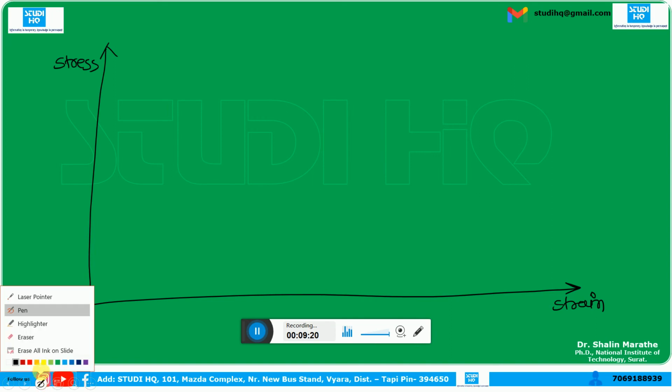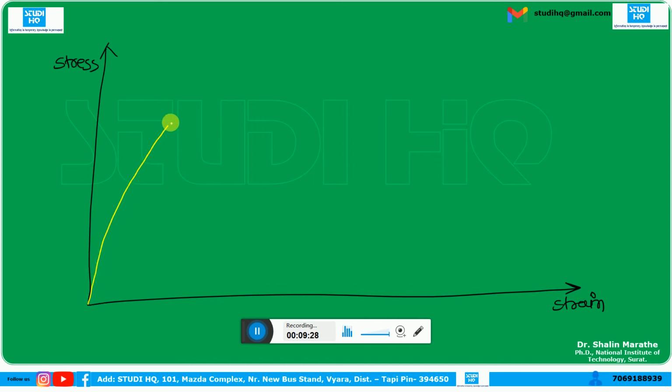Suppose this is the engineering stress strain graph. We know this very clearly.